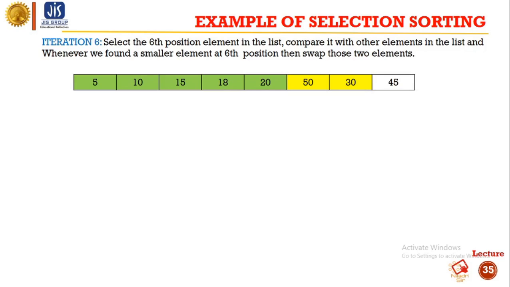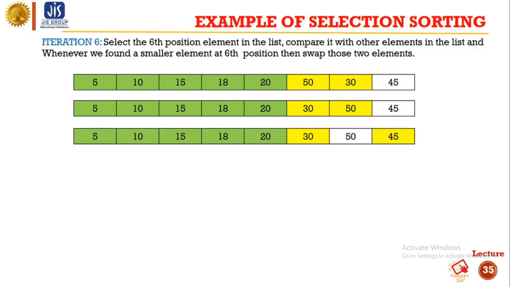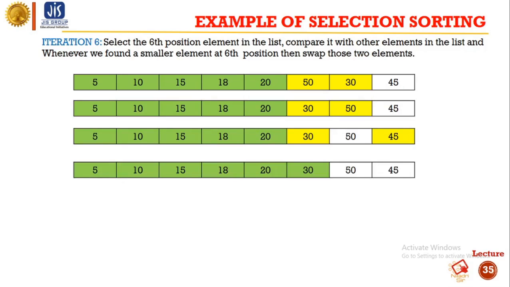As 30 is smaller than 50, there will be a swapping. Next, 30 will be checked with 45. But 45 is greater than 30, so there will be no swapping. So after iteration 6, we get our sixth smallest element, or we can say that 30 came to its final position.